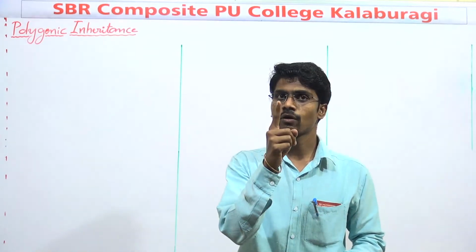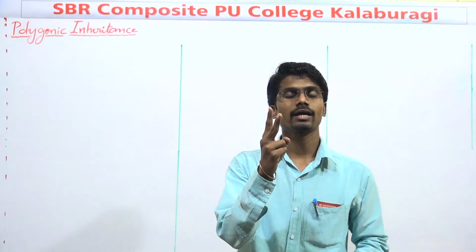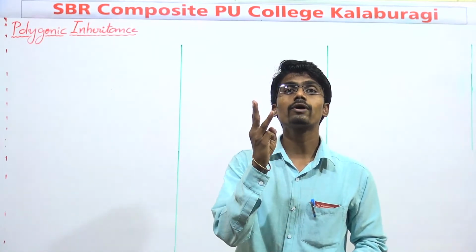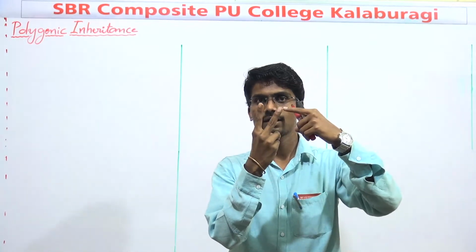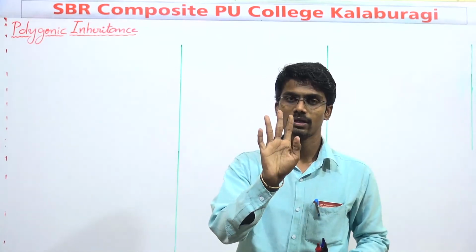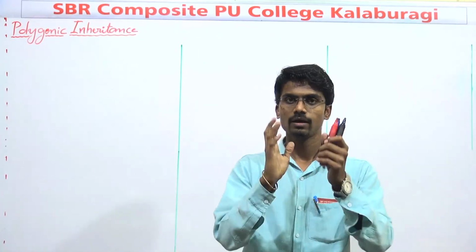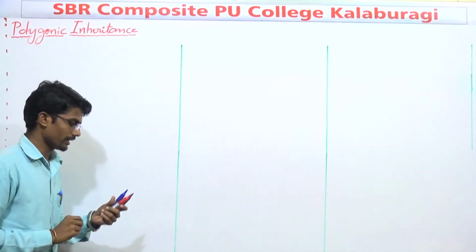One is the definition of polygenic inheritance, next is examples, and the third one is phenotypic ratio. That is enough. Okay. Now we will discuss in detail about polygenic inheritance.